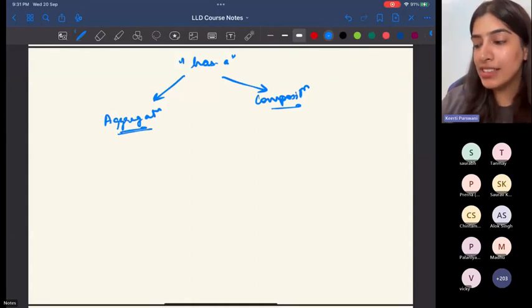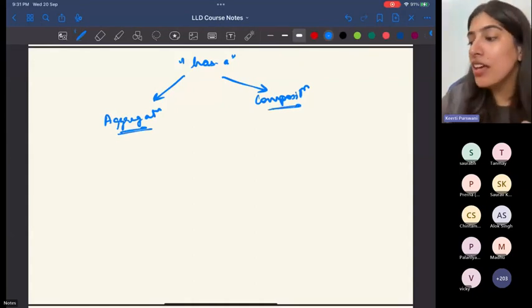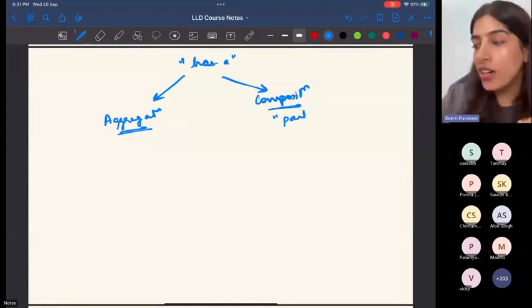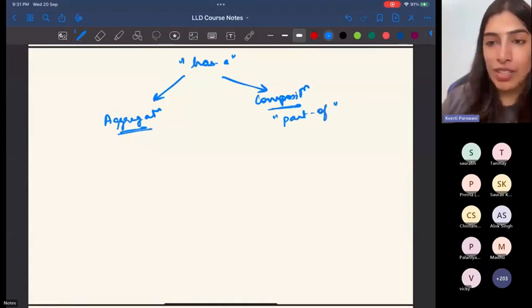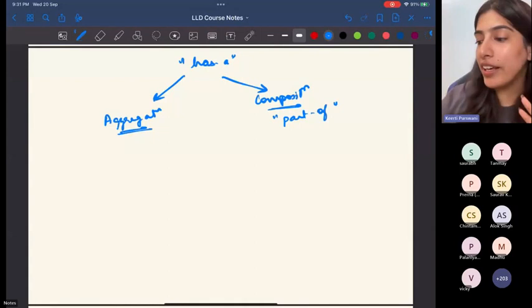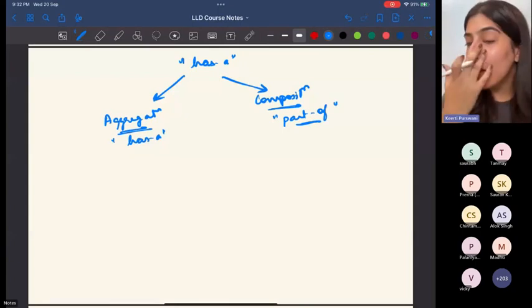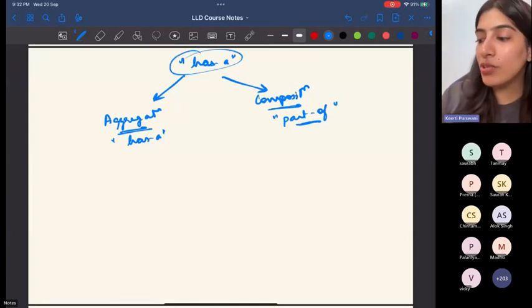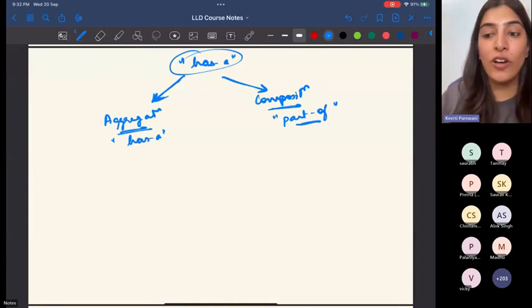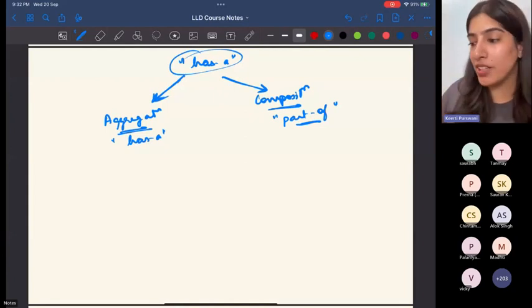The proper way is that has-a itself can be aggregation or composition, and composition can sometimes be called part-of. So sometimes people will call aggregation has-a and composition part-of, to be more specific, but usually has-a is used in both references, for aggregation and composition.